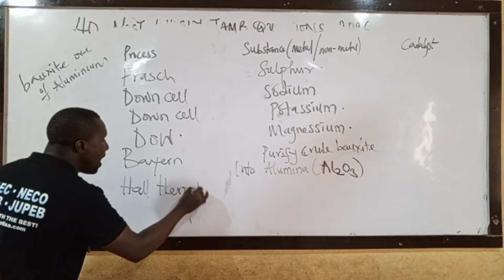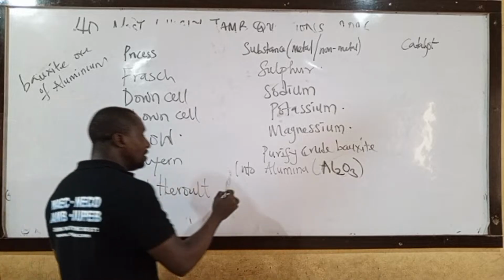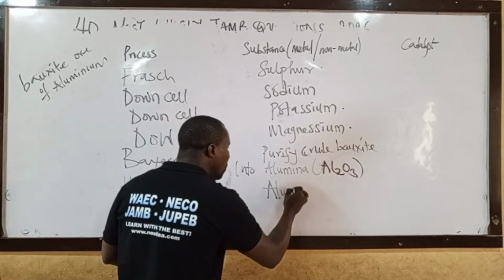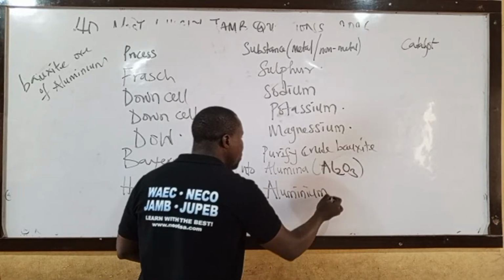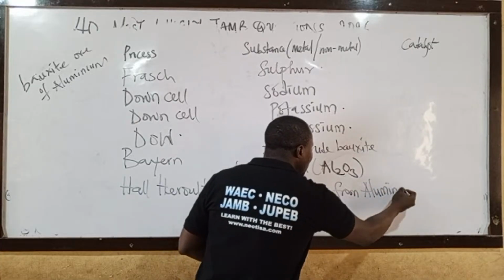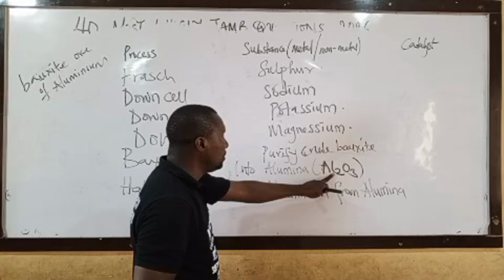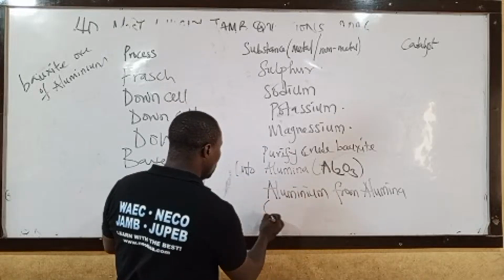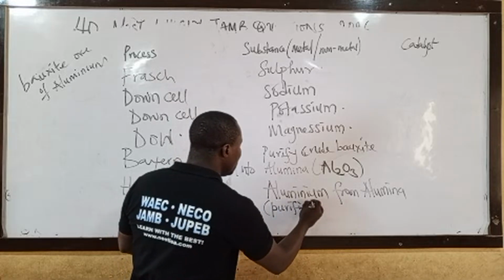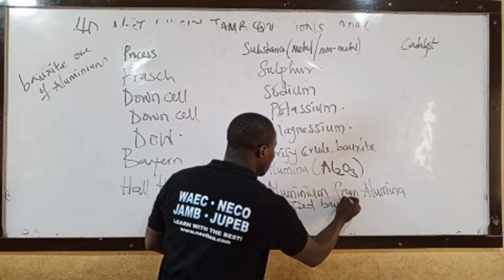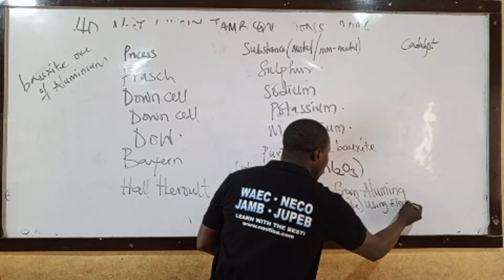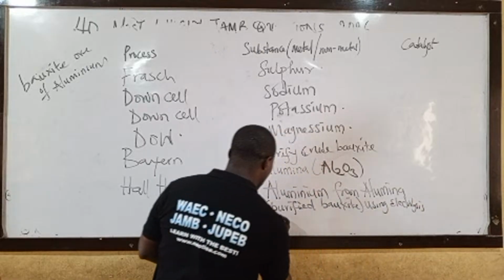Then we have the Hall-Héroult process. This one is now to extract aluminium from alumina. What is alumina? This is alumina, which is purified bauxite, using the electrolysis process.